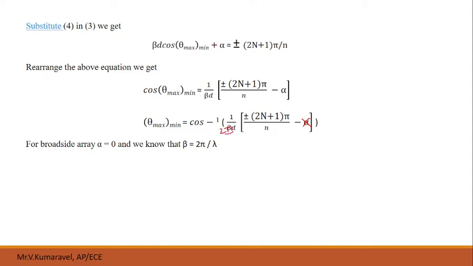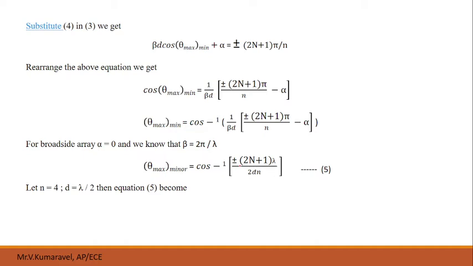Now pi gets cancelled. Therefore, we will have theta maxima of minor lobe equal to cos inverse of plus or minus (2N plus 1) lambda divided by 2 d n, with lambda going to the numerator.